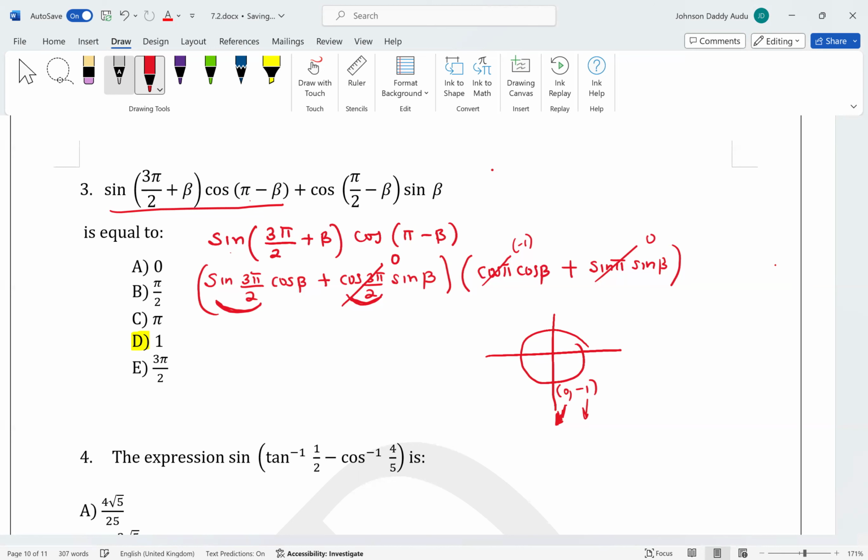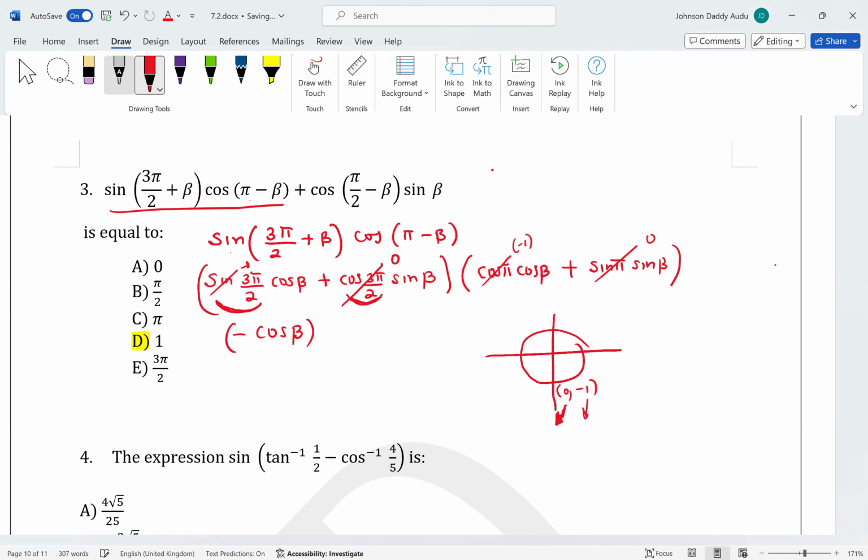So cosine 270 is 0, and sine 270 is minus 1. So you have minus 1 times cosine, and this will just become minus cosine beta, right?